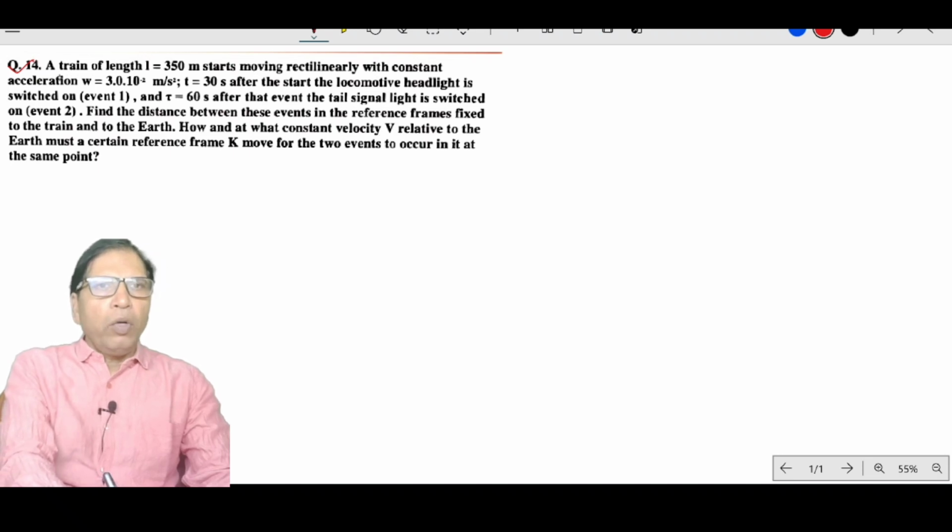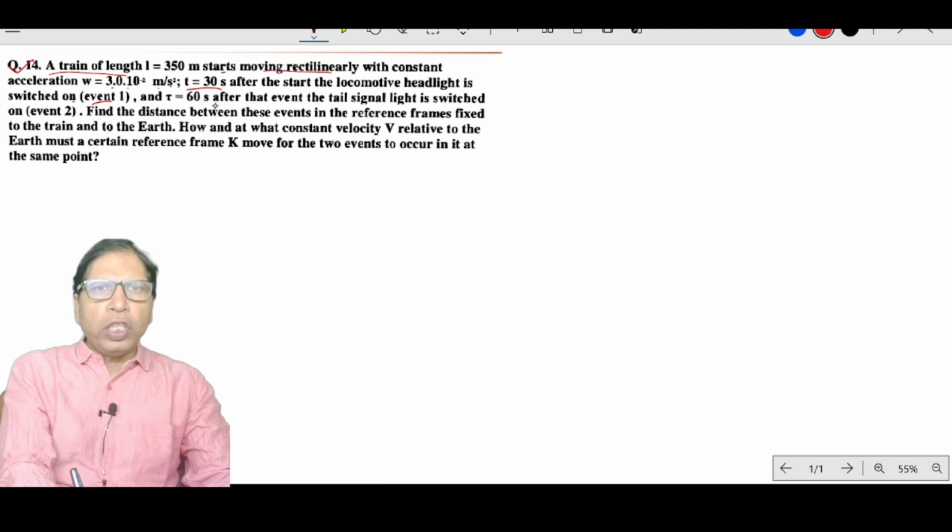Now question number 40. A train of length 350 meters starts moving rectilinearly with constant acceleration 3 into 10 to the power minus 2 meters per second square. At t equal to 30 seconds after the start, the locomotive headlight is switched on. This is event 1.